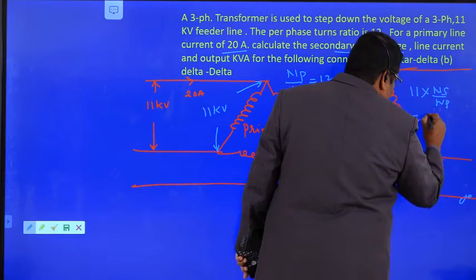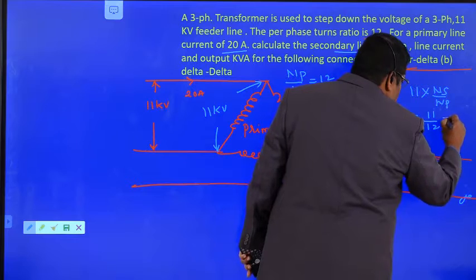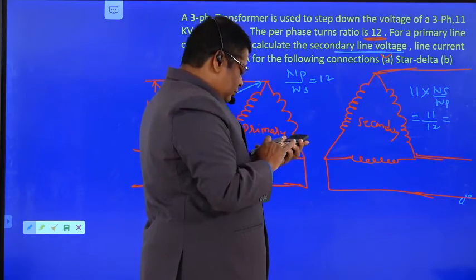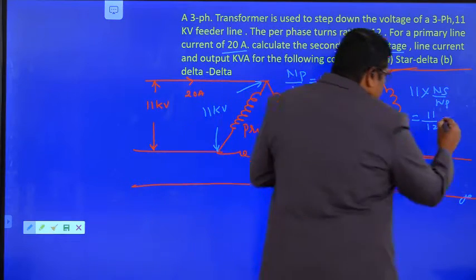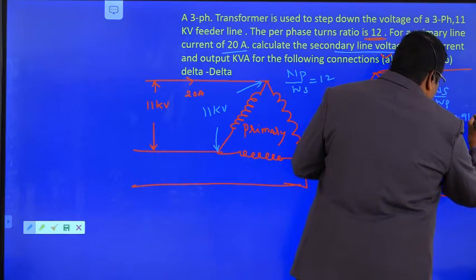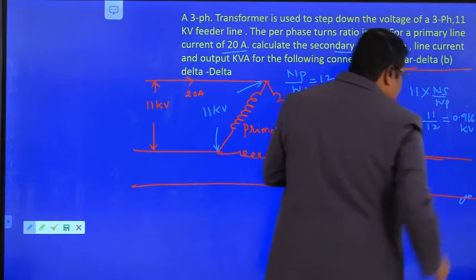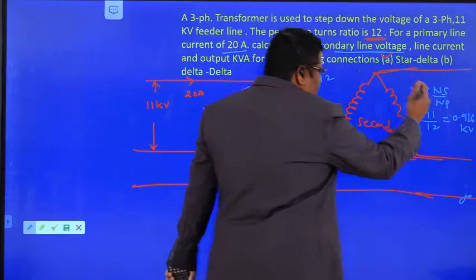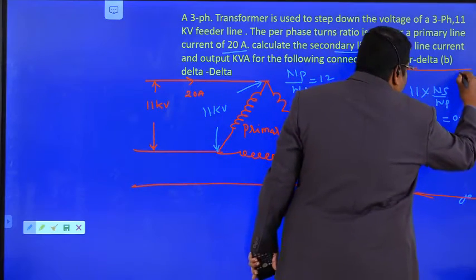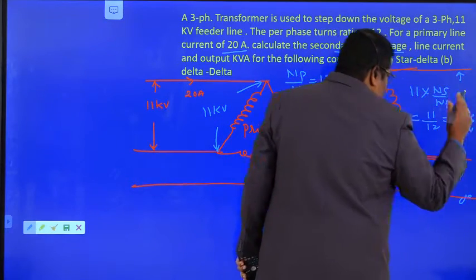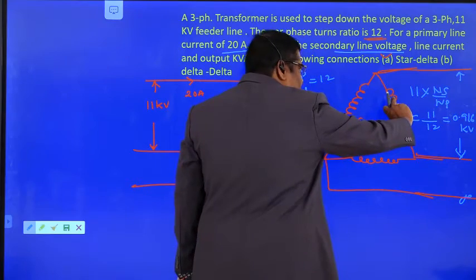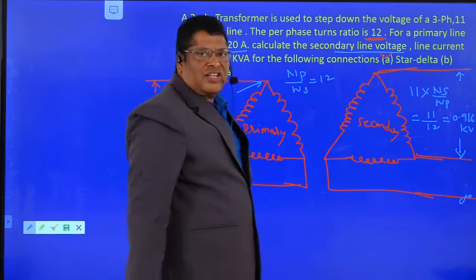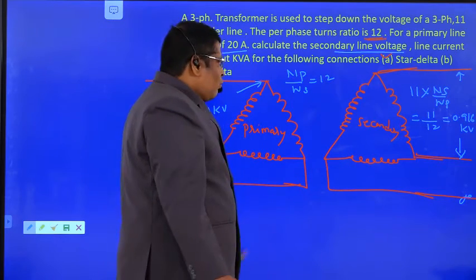So we are getting 11 by 12, which is 0.916 kilovolt. The secondary is also connected in delta, so this voltage is equal to the line voltage. How much voltage is induced in a phase winding, the same amount of voltage appears across the line also. The one quantity is over.